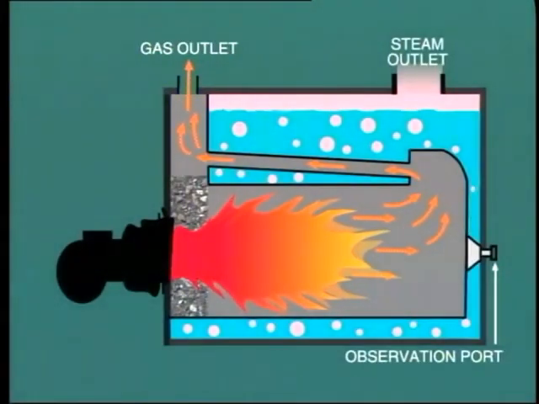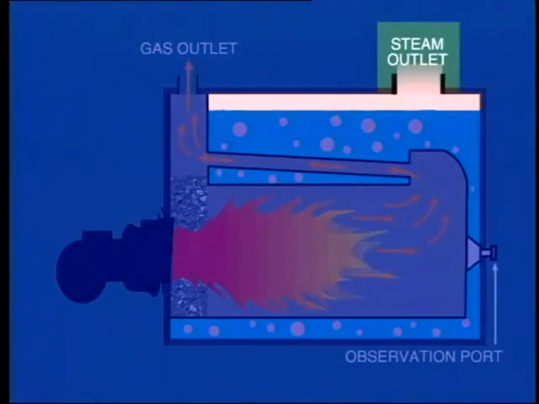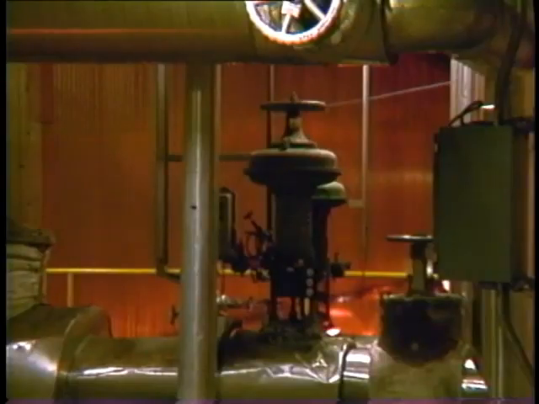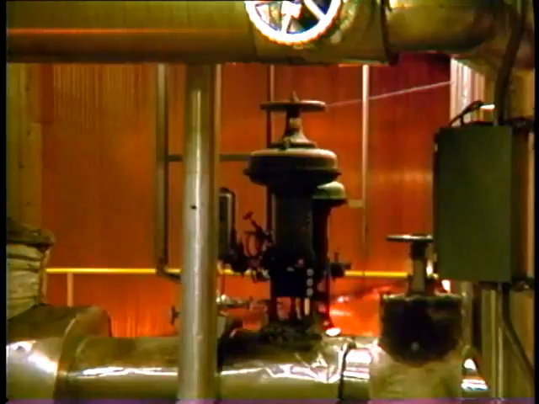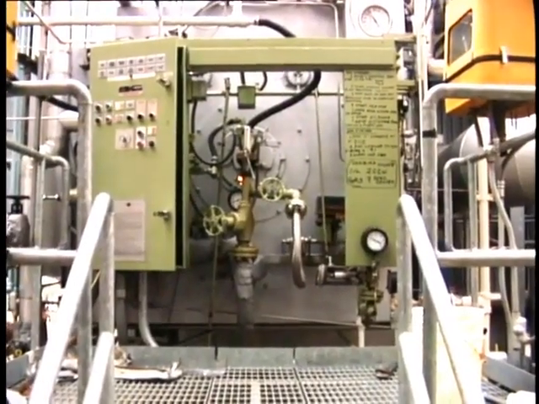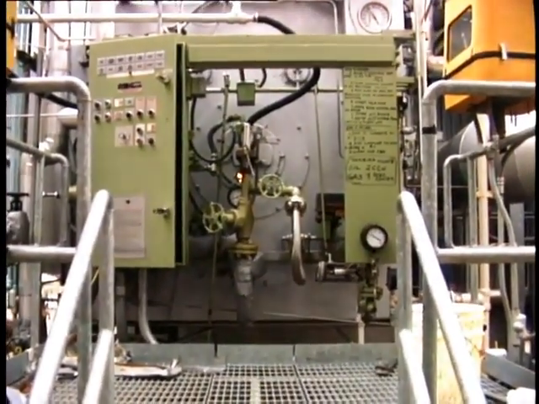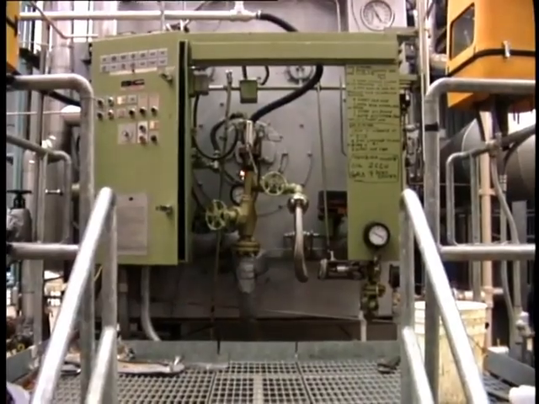Steam collects above the water level, and from here, saturated steam is piped to the utilization equipment. Feed water is supplied continuously through a control valve which maintains the correct water level in the shell. Steam pressure is controlled by adjusting the fuel and combustion air supplied to the burner.